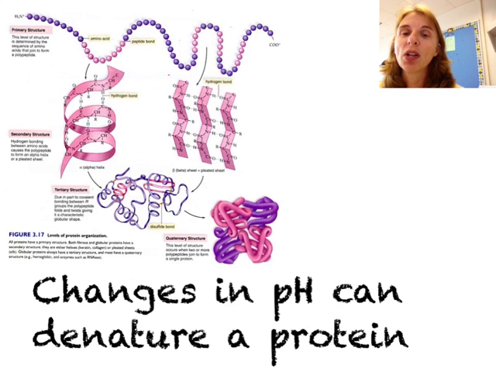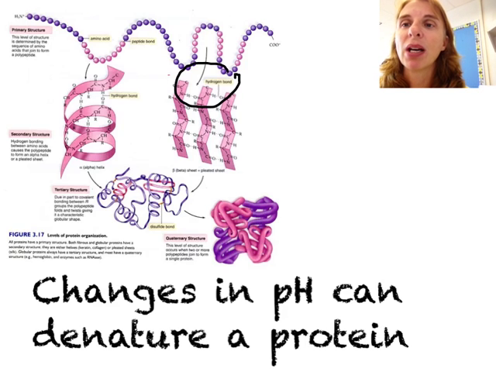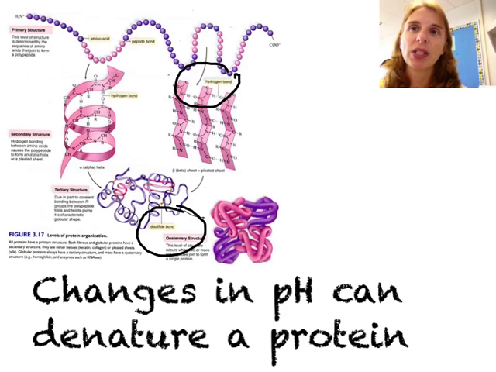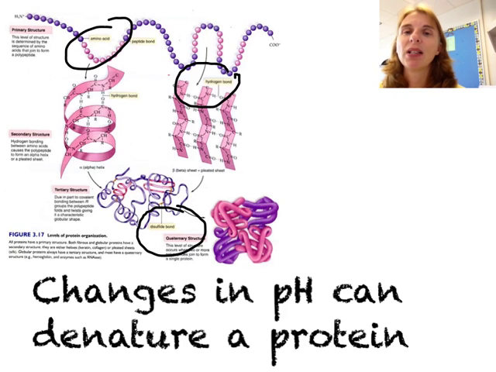Here's a little visual of what happens when you start to mess with the pH. All of those bonds, like hydrogen bonds and disulfide bridges, all of those bonds that hold the protein together start to get messed up. And that causes the protein to sort of untangle or clump up. But whatever it does, it doesn't have the right shape to fit with the substrate anymore, and then it stops working.